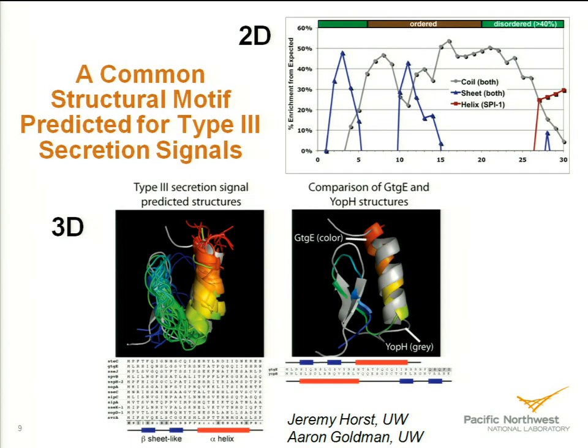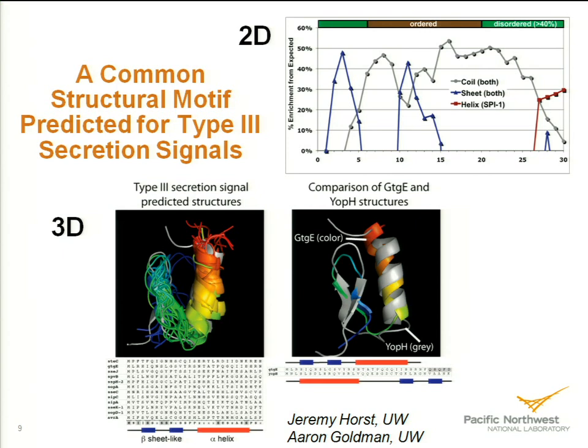We also looked at disorder prediction and found that these two regions were more likely to be disordered in these secreted effectors. This region seemed to be ordered, in that there were fewer occurrences of disorder prediction. We then used tertiary structure prediction.